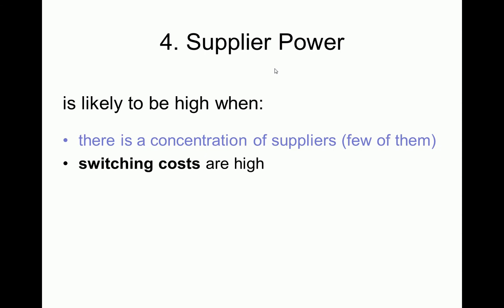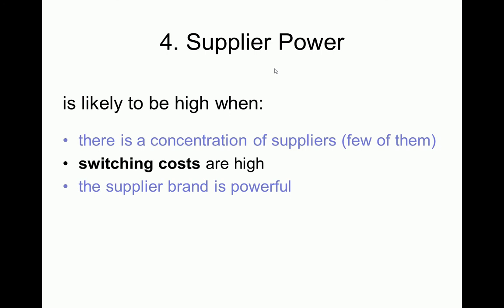So then the switching costs are very high, and any subsequent work that IT supplier is asked to perform, they can charge a high price for, because what's the alternative? Who else can you get to do it? So if there are high switching costs, if you've locked your customers in as a supplier, then you're maintaining power.